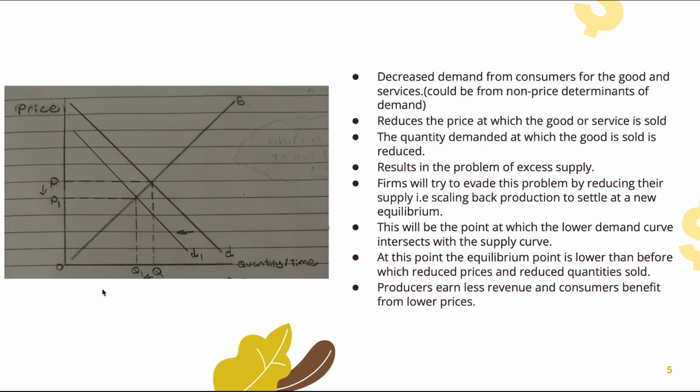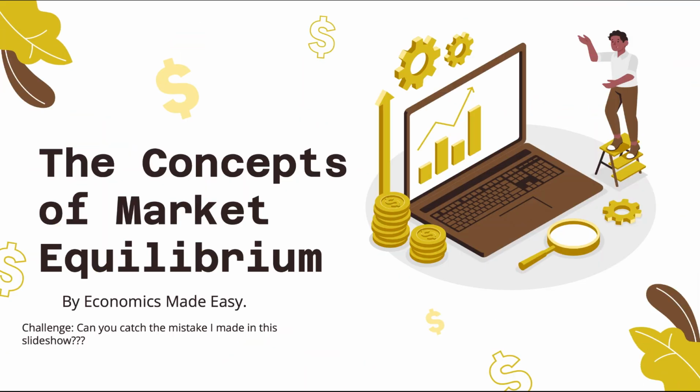Now, one more thing here, just to make that part clearer about the fact that the quantity demanded is decreasing, is because it's reducing from Q to Q1. So for every single unit that's supplied, at any single price point, there's still a lower quantity demanded.